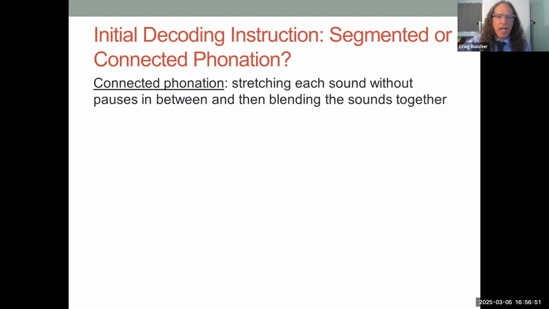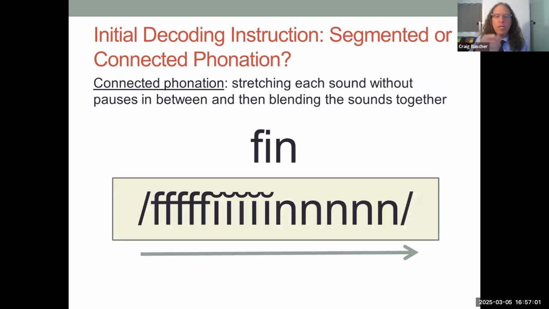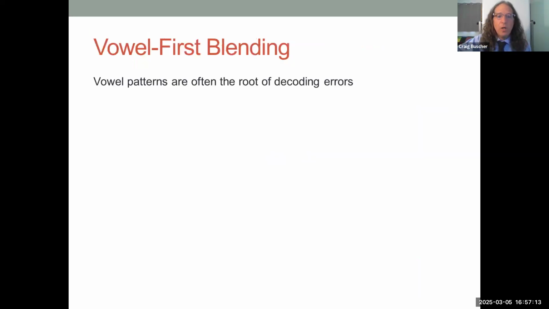So an alternative to that is what we call connected blending, or phonation. Here, there will be no pauses. We'll go thiiin, put that together, and that should be easier for students to then say thin. So that's what we call connected.